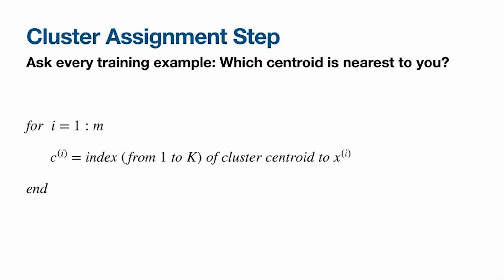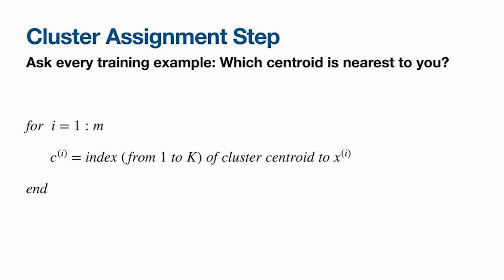So let's say that we have m training examples and k cluster centroids, and we run a loop over the training examples. In the first iteration of this loop, i equals 1, that is the first training example. Inside this loop, we measure the distance between the first training example and the k cluster centroids. Let's say that the minimum one is the fifth one.